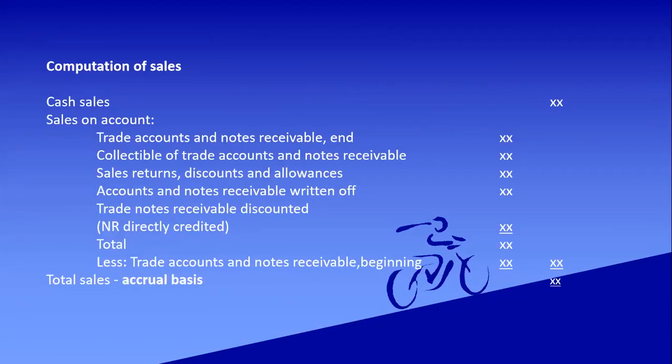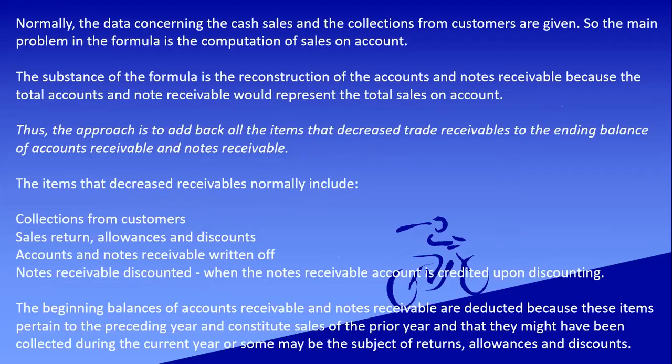Now, normally, the data concerning the sales and the collections from customers are given. So the main problem, the formula, is the computation of sales on account. The substance of the formula is the reconstruction of the accounts and notes receivable, because the total accounts and notes receivable would represent the total sales on account.